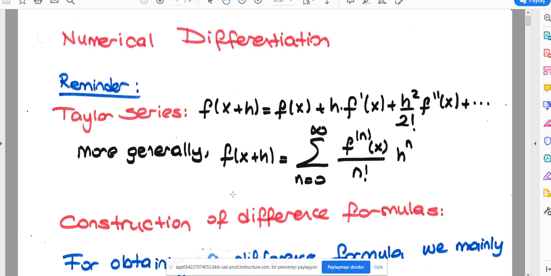As a starting point, we are trying to understand numerical differentiation and numerical integration. Why? Because numerical integration will be helpful for solving initial value problems, and numerical differentiation will be helpful for solving boundary value problems.